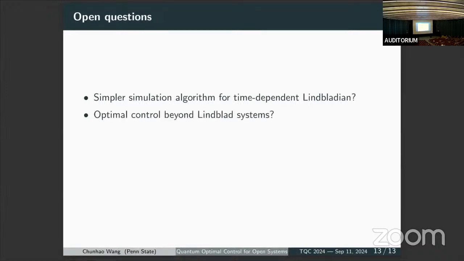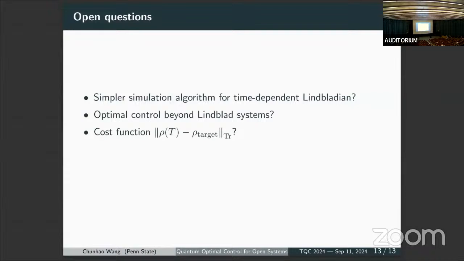And then, can we get optimal control beyond the Lindblad case? The Lindblad evolution corresponds to the Markovian open system. But when the interaction is much stronger, this is no longer Markovian. So can we still get optimal control for non-Markovian open systems? And the last question is, can we work this out with a different cost function?